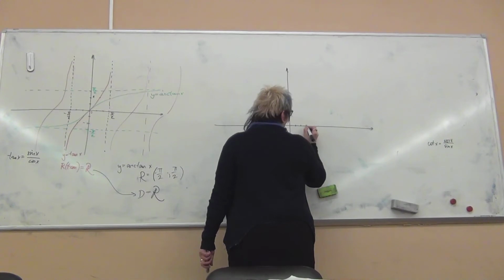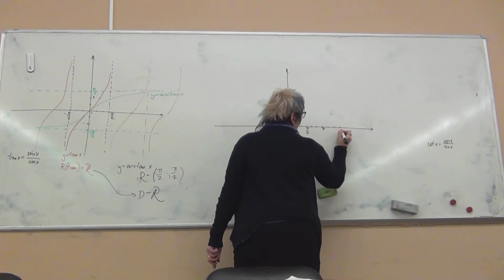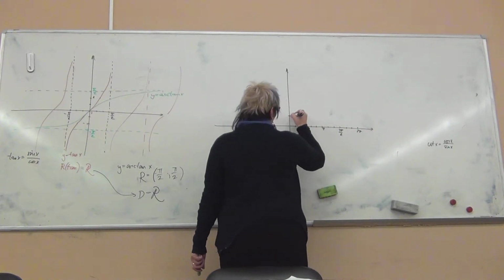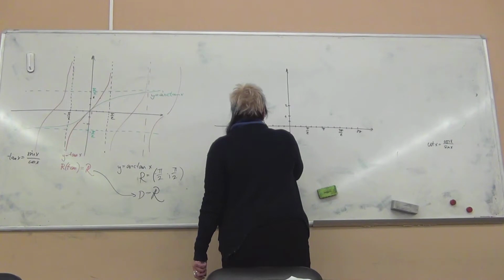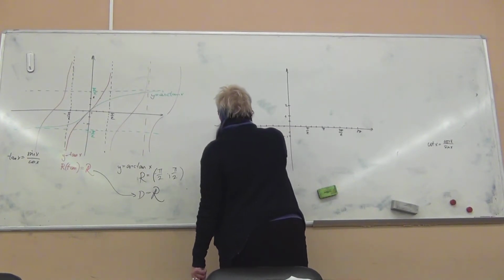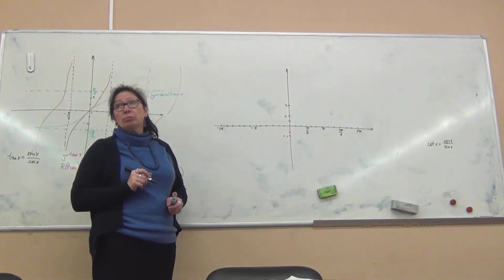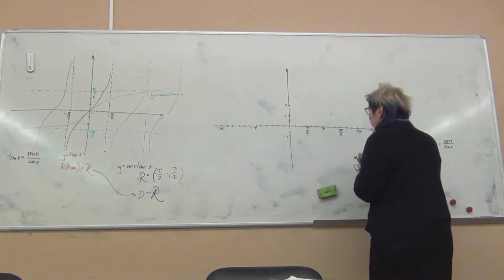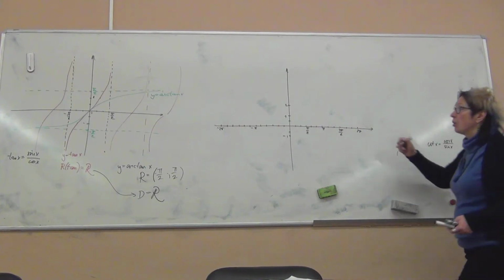This is pi half, this is pi, this is 3 pi half, this is 2 pi, and on the negative side, minus pi, minus 2 pi. So the asymptotes for the cotangent are at the points where we cannot have the cotangent values, where there is division by 0, which is impossible. So the sine value is 0.